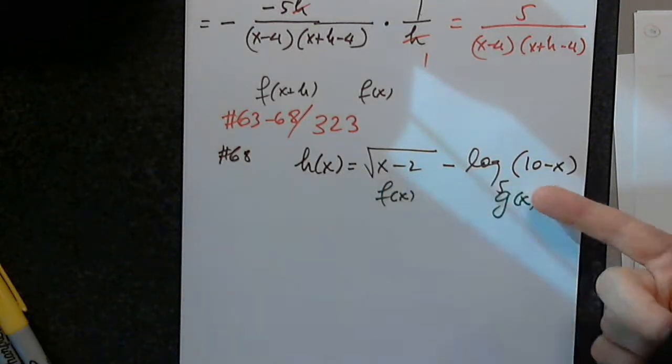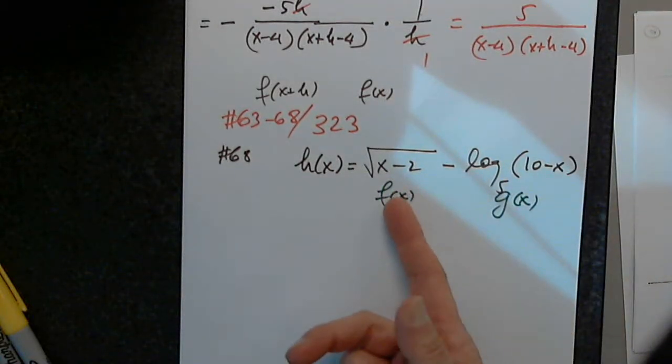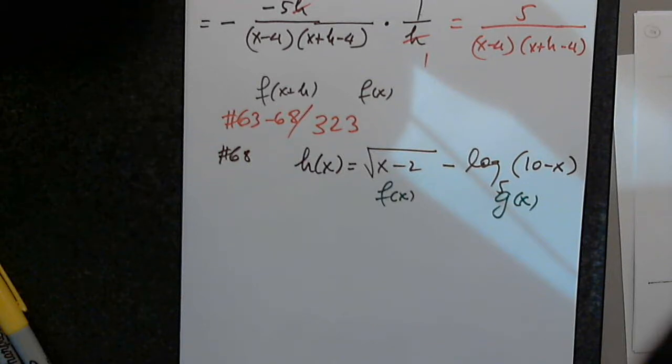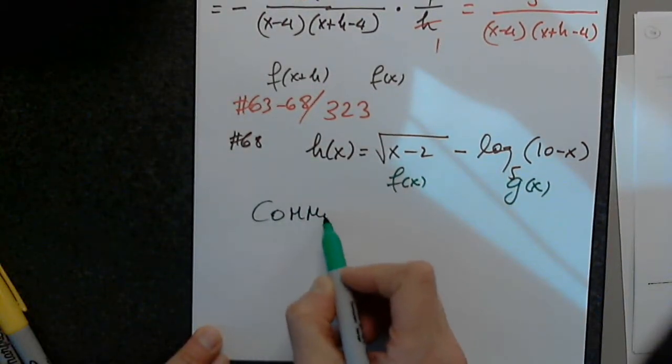Because if one of them is defined on negative infinity to 0, and the other one is defined on 2 to infinity, I'm done. There is no common territory. This function means nothing, because there is not one single x that I can plug in it. Because they don't exist at the same time. So I'm after common domain.